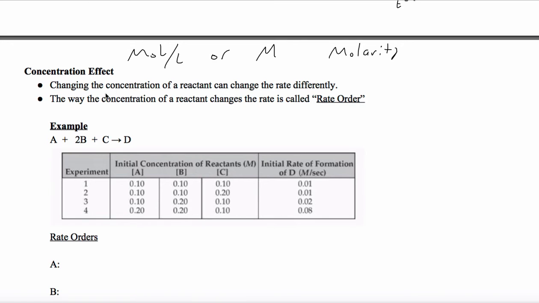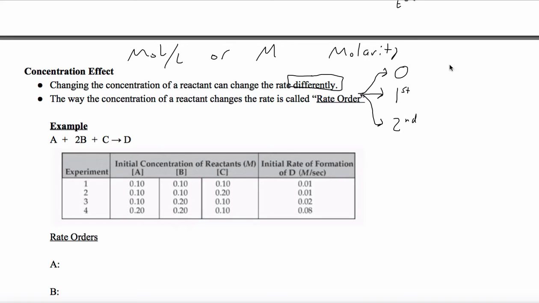So the concentration effect. First off, changing the concentration of a reactant can change the rate differently. And the way it changes the rate differently, we call the rate order. We talk about three primary rate orders: a zero order, a first order, and a second order.